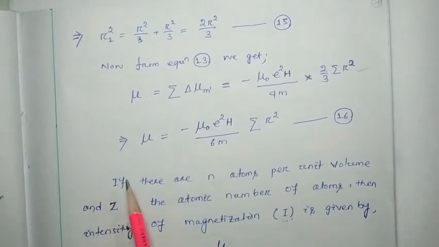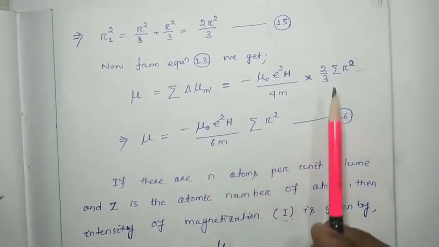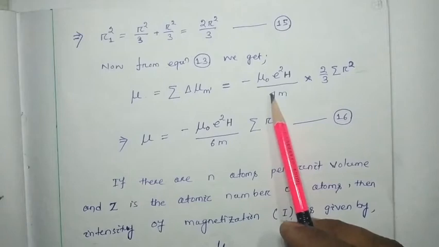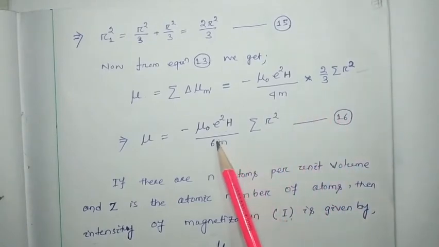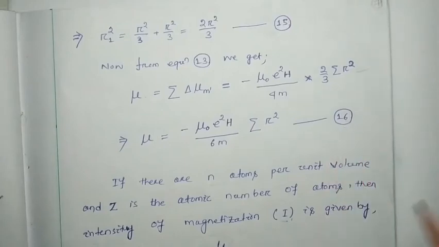That implies mu equals minus mu 0 e square h by 6m, because the 2 and 4 cancel, so it will be 2 into 3, equal to 6m, summation over r square. Let it be equation number 16.